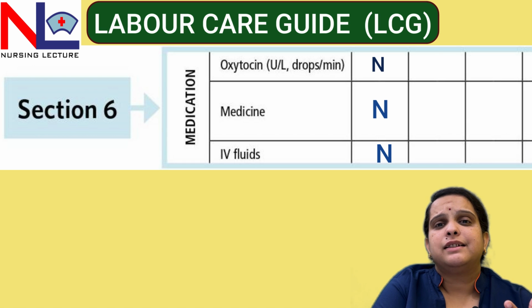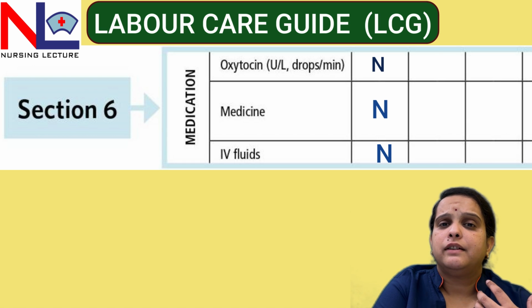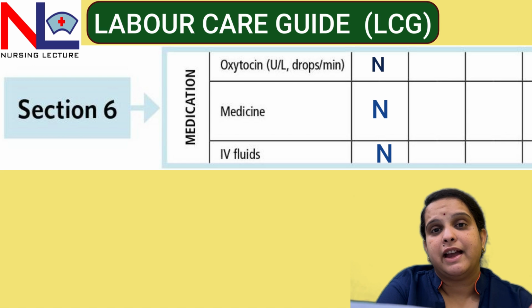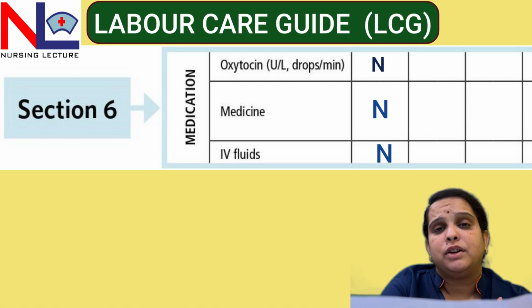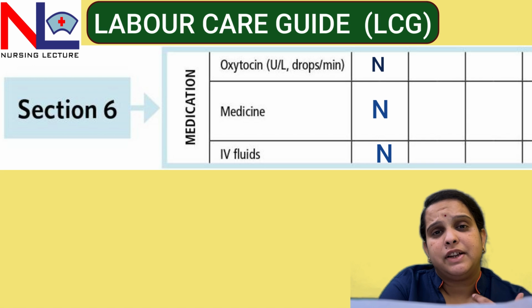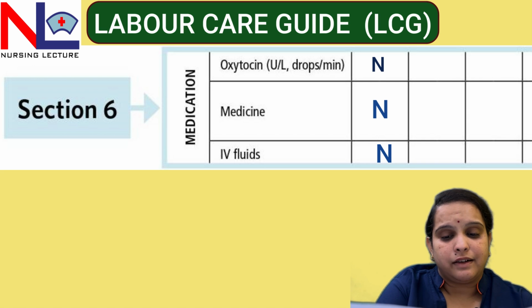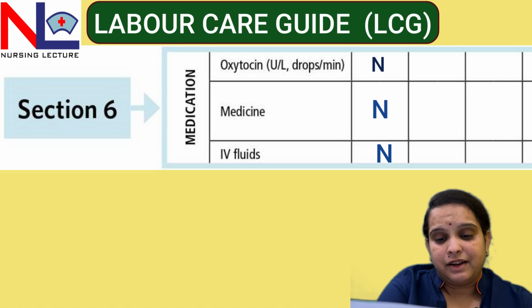Because unnecessarily infusing IV fluid restricts the woman's mobility, and thereby the progression of labor also stops. So to avoid that and make the woman more mobile, we will not infuse any IV fluids. Rather, we suggest the mother take more fluid orally. So this is how we can write medication in the respective column in every R.